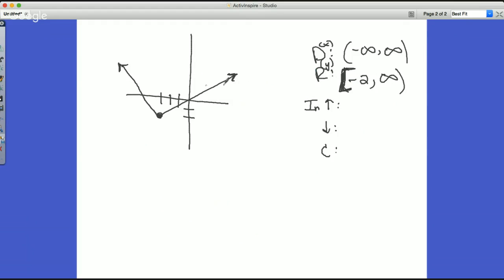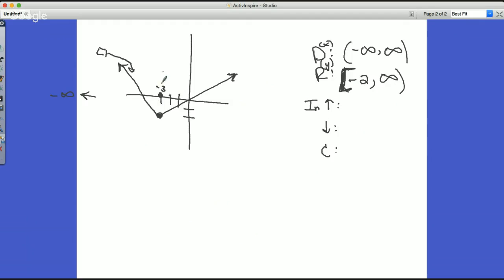Now, interval of increase and decrease and constant. As I move from left to right on this graph, what is happening? As this roller coaster comes this way, what is occurring? Remember we're talking about the x-axis, but we're also saying what is it doing? It's decreasing from negative infinity all the way to -3.